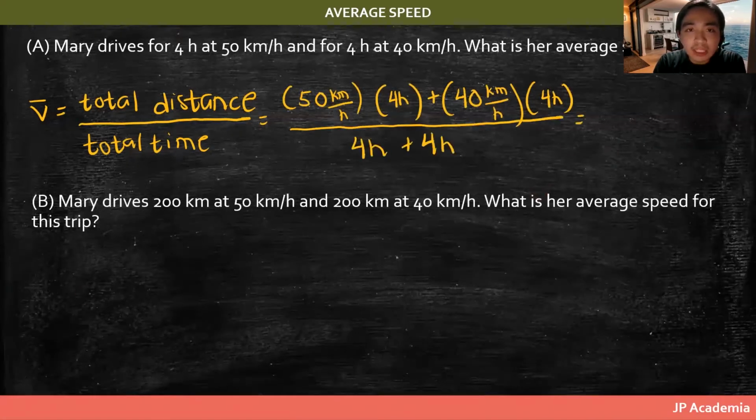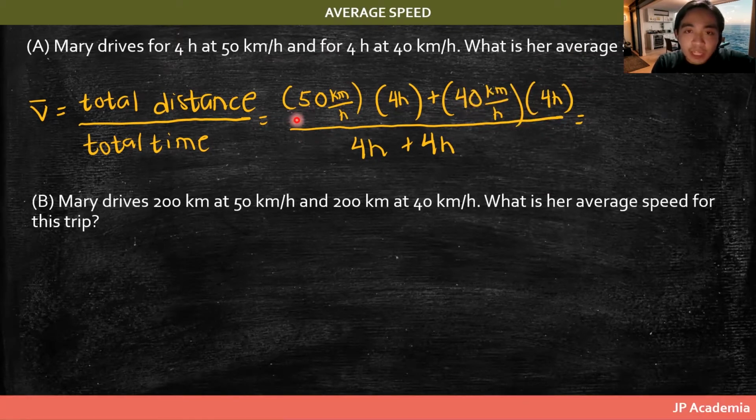So we have, kasi it's a given, binigyan tayo ng speed, which is 50 kilometers per hour, then 40 kilometers per hour, then binigay din yung time. So may duration tayo. So 4 hours, then 4 hours lang din. So sa taas ng fraction na to, yung total distance, para makuha mo yan, multiply mo lang yung time na binigay, so 4 hours sa 50 kilometers per hour, then itong 4 hours pa rin, sa 40 kilometers per hour.